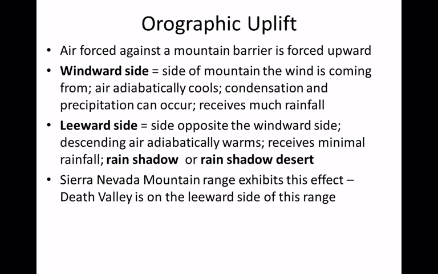So, starting with orographic lifting, orographic uplift, this always reminds me of a vacuum cleaner. But this kind of makes sense. Basically, if you slam air against a mountain, it can't go through the mountain, so it goes up. As it goes up, it expands, and as it expands, it cools. If there's some moisture there, it can cool to the point where condensation can occur, at 100% relative humidity.